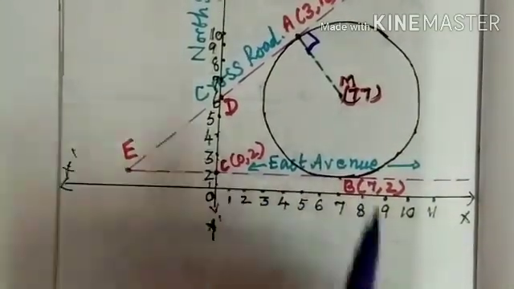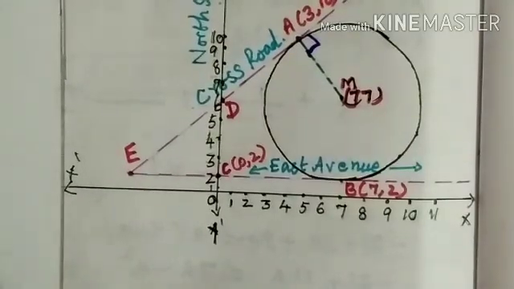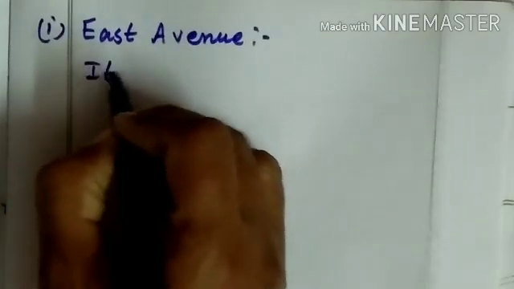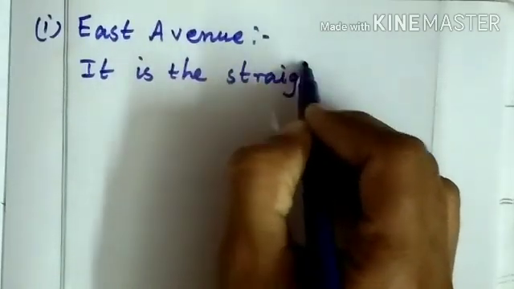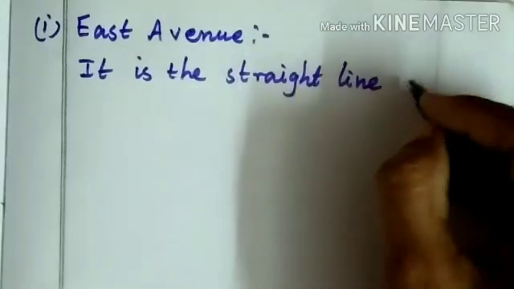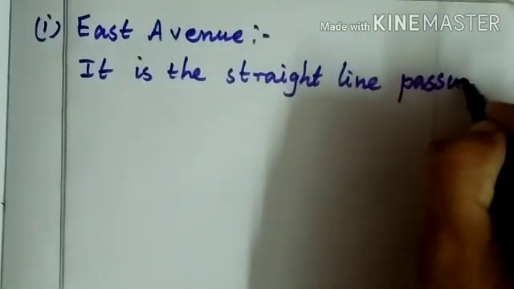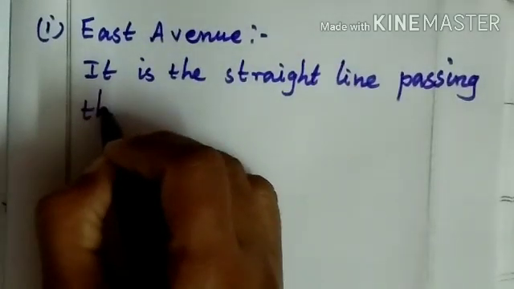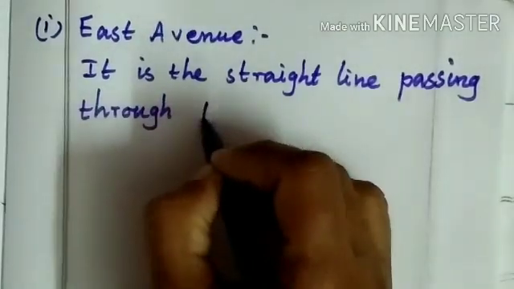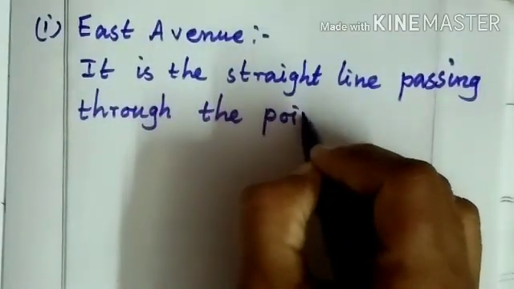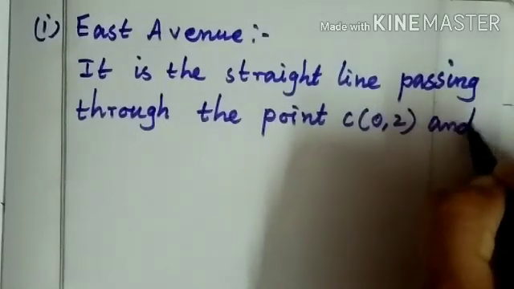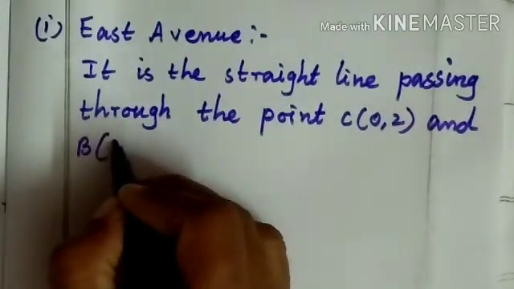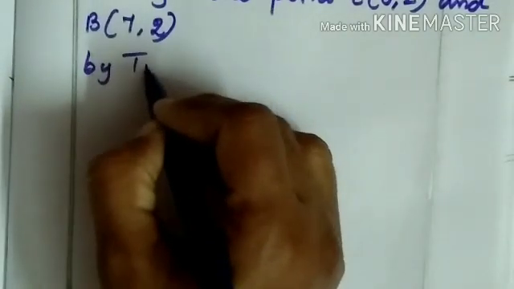It passes through the points C and B. It is the straight line passing through the points C(0, 2) and B(7, 2) by two-point form.